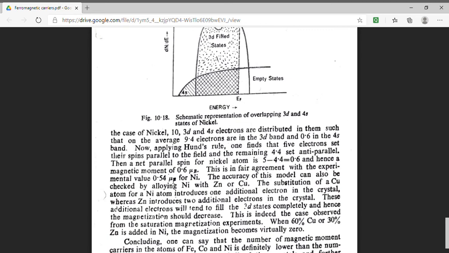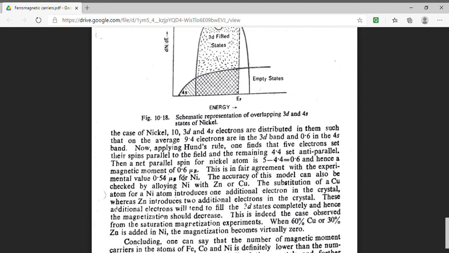Hence, we can determine the magnetic moment not simply from the unpaired electrons, but for ferromagnetic materials, it will be determined by taking the overlapping of the 3d and 4s shells, and then it will be determined according to Hund rule. The remaining unpaired electrons will give us a magnetic moment. Now, this is the magnetic moment for nickel.